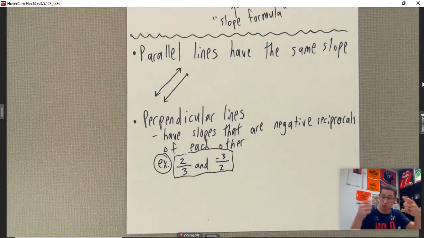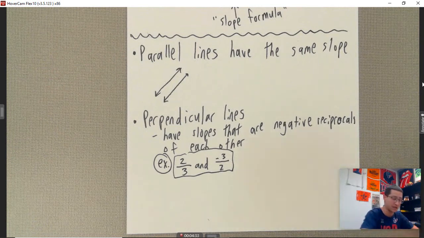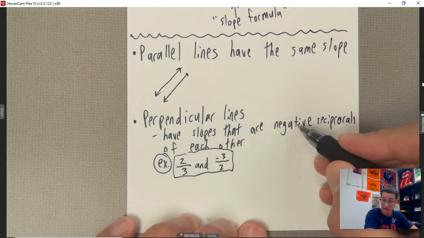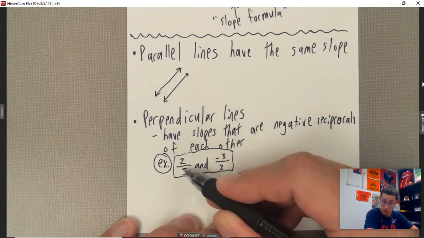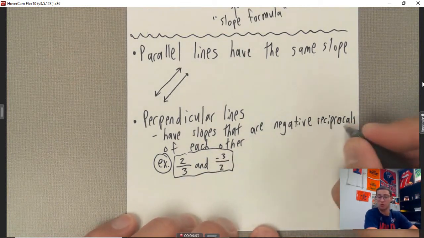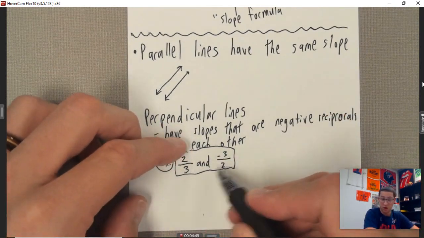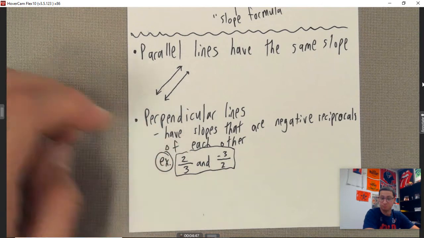It was 2/3, now I'm flipping it, and it's now 3/2, and then I'm making it negative. That's the negative part: it was positive, now it's negative, or it could go the other way around. And the reciprocal part is where the 2 is now on the bottom and the 3 is now on top.